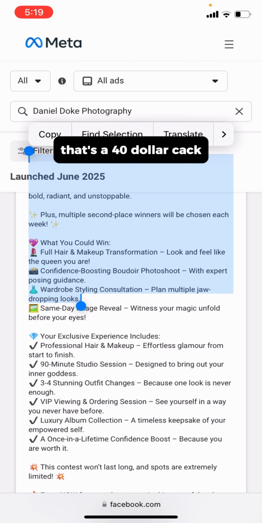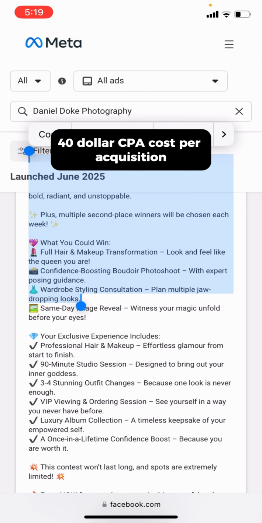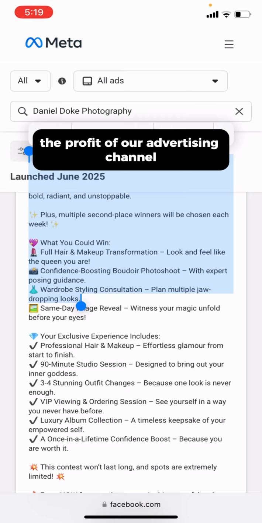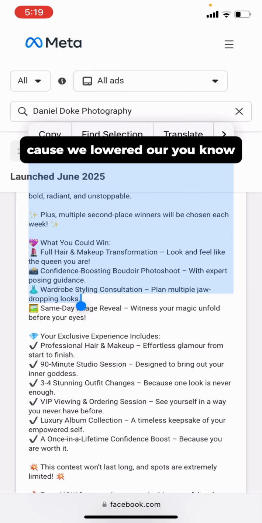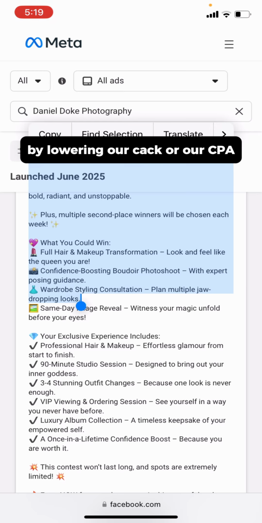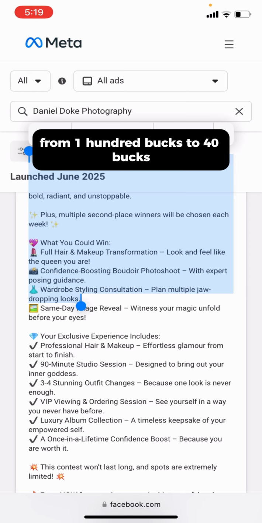That's a $40 CAC, $40 CPA, cost per acquisition. So we literally just 2.5x'd the efficiency of our ads, the profit of our advertising channel, because we lowered our CAC or our CPA, customer acquisition cost, aka cost per acquisition, from $100 to $40.